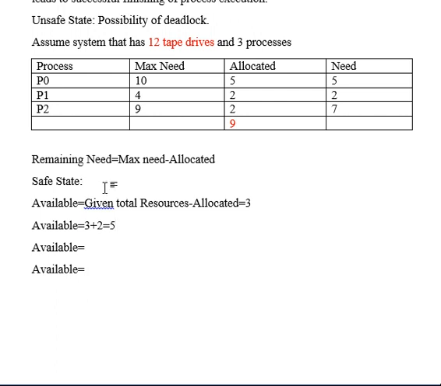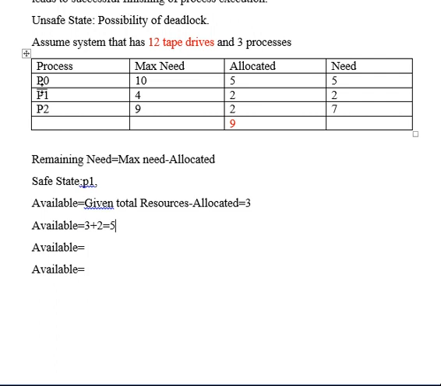So first we executed P1, and we need to note the sequence, since we need to know the safe state as well, if we are able to execute all the processes safely. Now we have 5 with us. Here you can go further in sequence, or you can come back and start with P0.